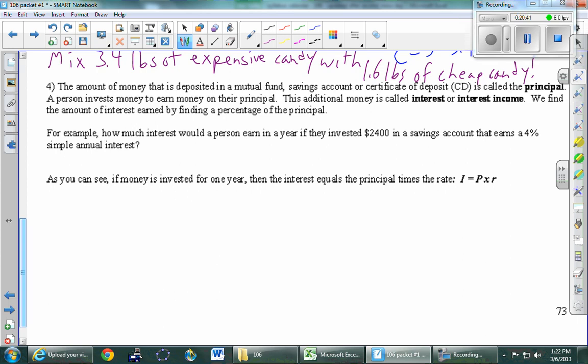So do people have a sense of how to solve this? You invest $2,400 for 1 year. The interest rate is 4% per year. Anybody know what to do with those numbers to figure out how much interest we will earn? We multiply them. That's it.